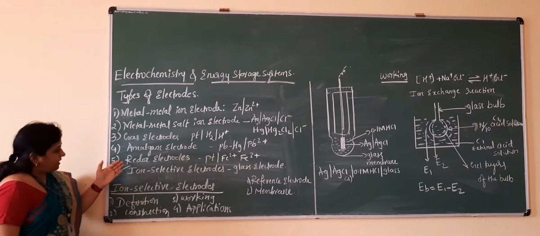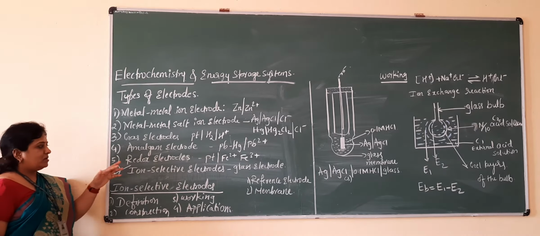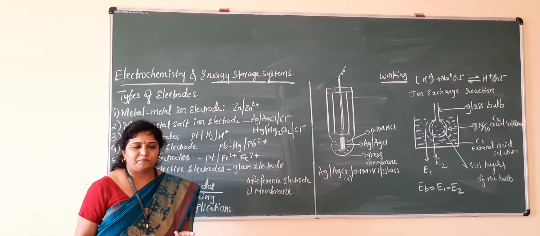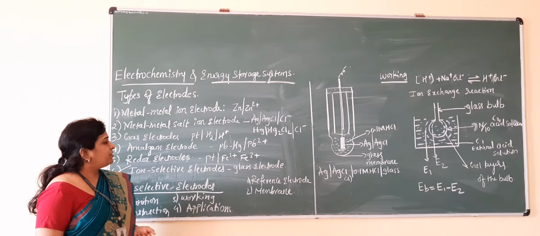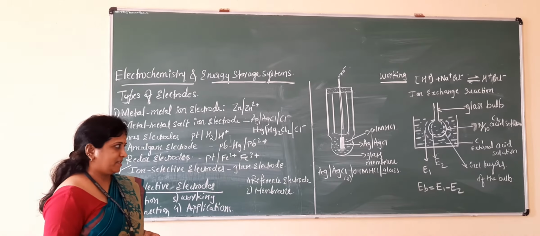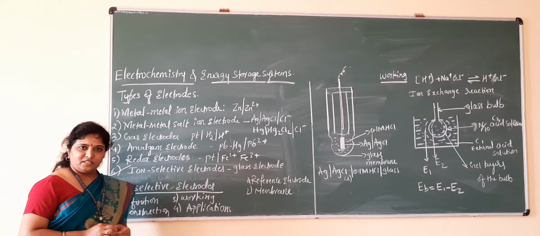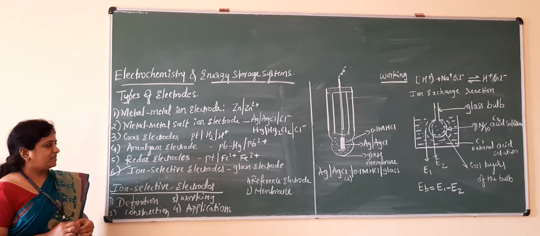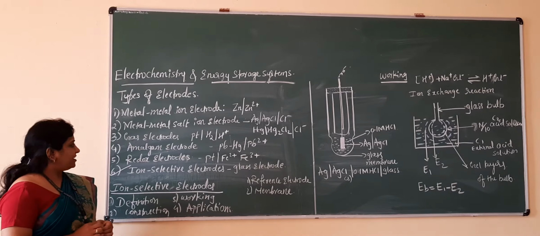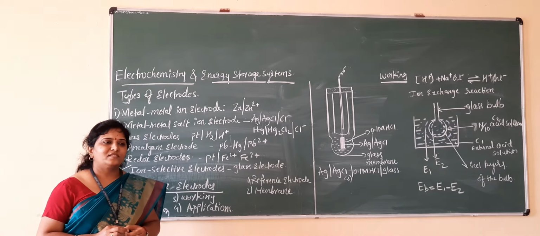Next we have redox electrodes. What do we mean by redox? We have already learned about oxidation and reduction reactions. If oxidation and reduction reactions take place simultaneously, then that kind of reaction is called a redox reaction.